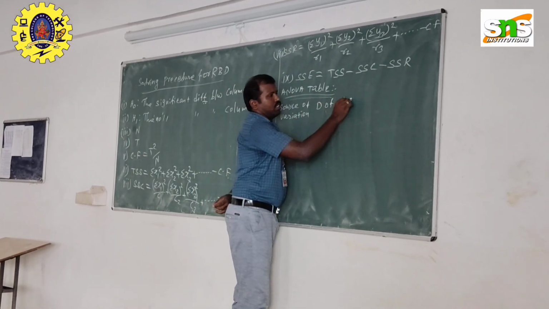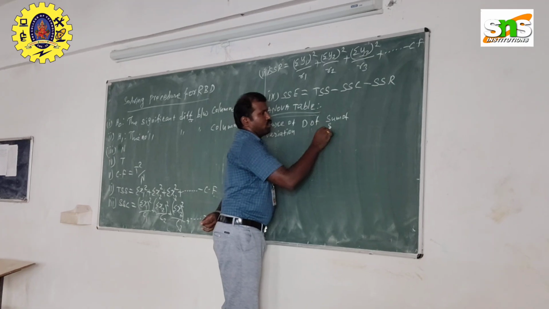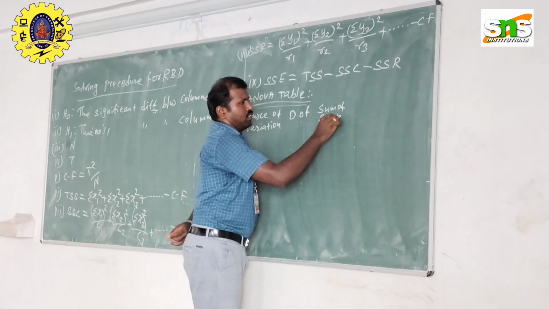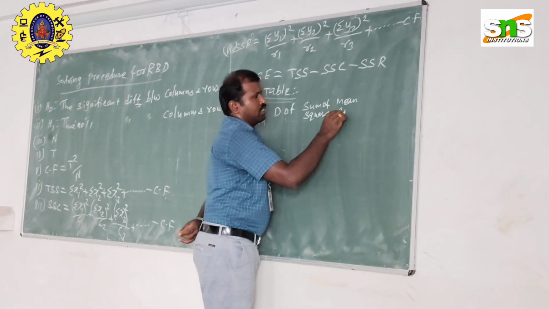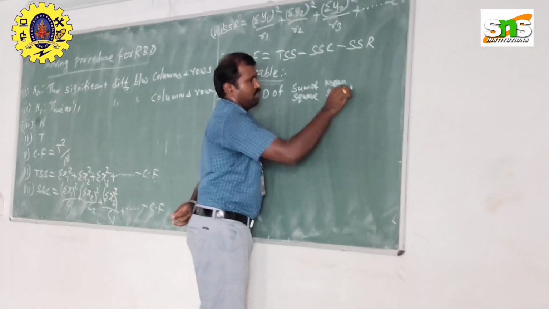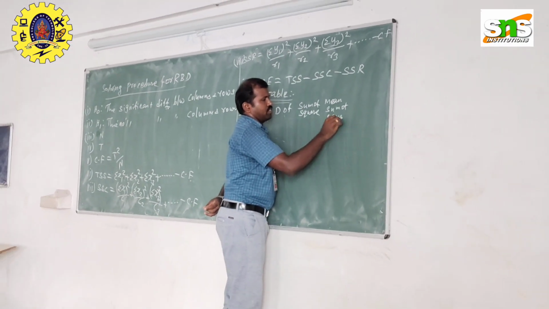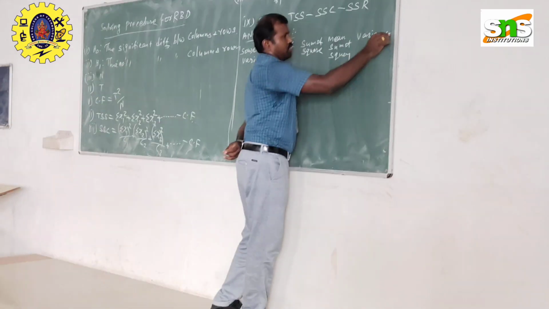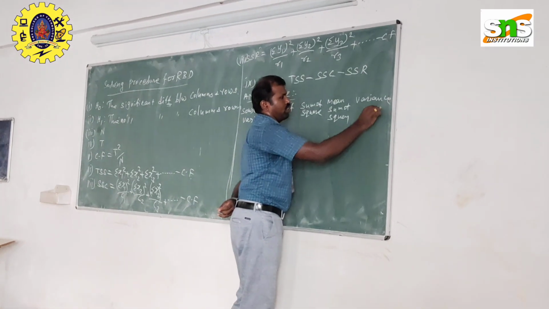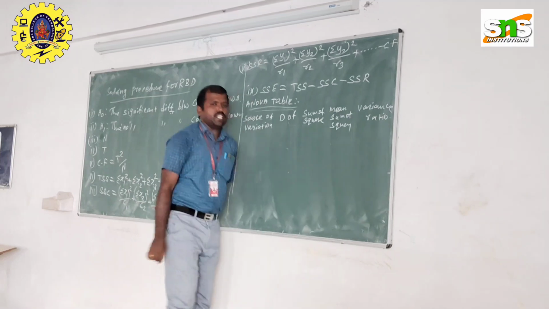Third one, sum of squares. Next one, mean sum of squares. Last one, variance ratio.